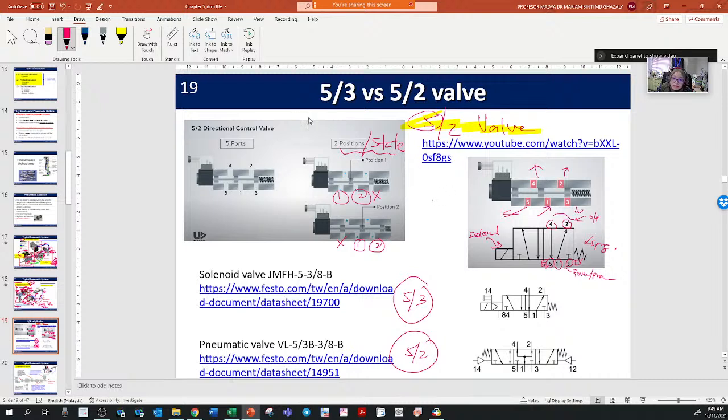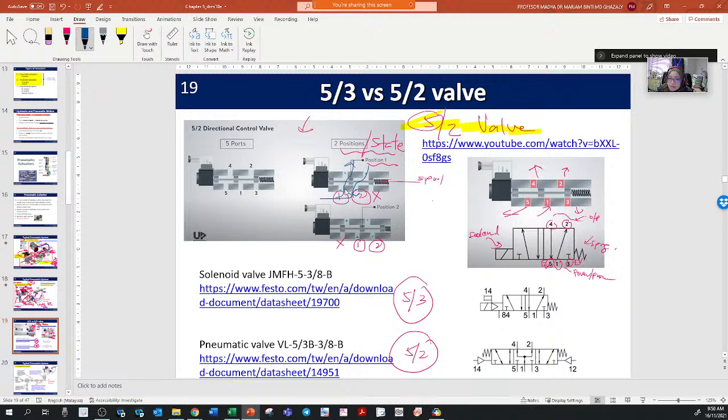If you look at this figure here, this figure shows a 5-2 directional control valve. And you can see that in position or state number 1, this spool, we call the middle part the spool, is being given a pressure signal, and the pressure is moving in and going out from the exhaust port.